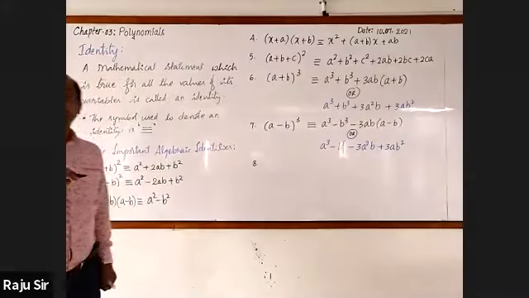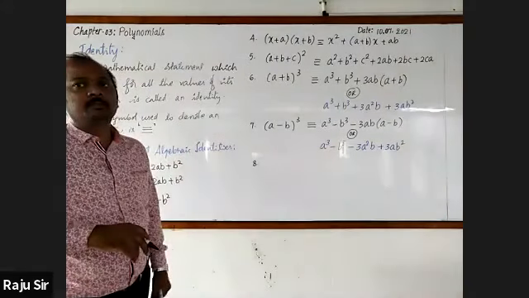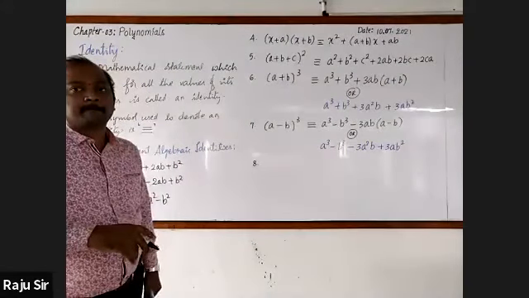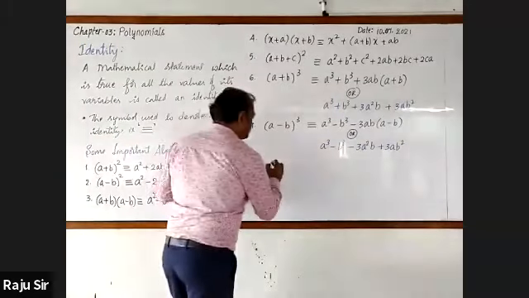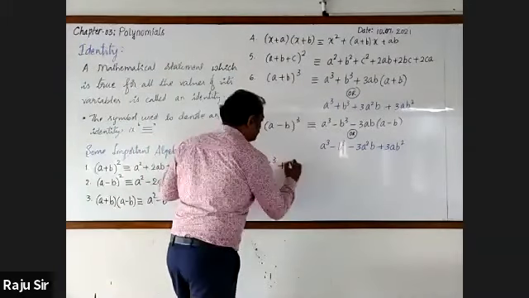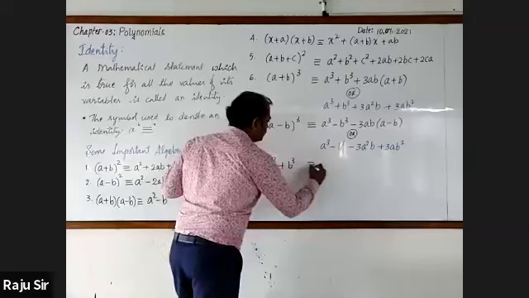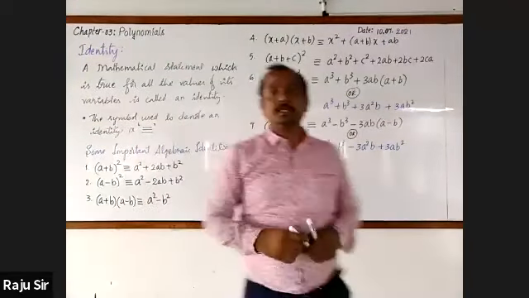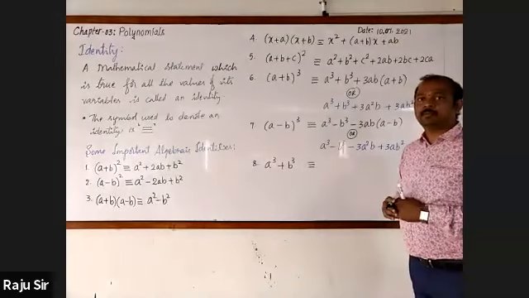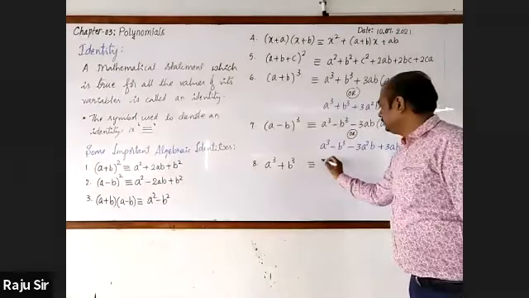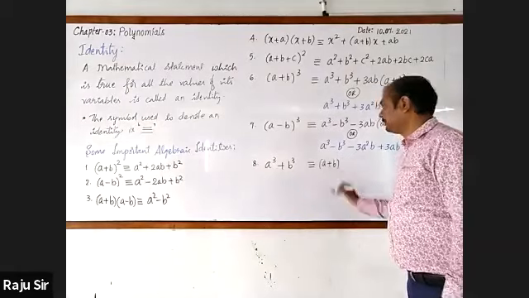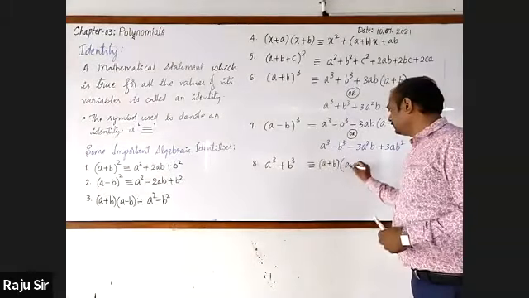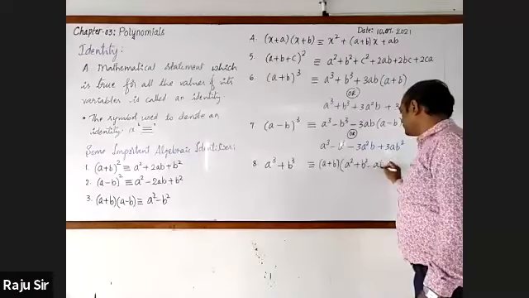Next, eighth one. This is also very important. a cube plus b cube is exactly equal to (a plus b) into (a square plus b square minus ab).